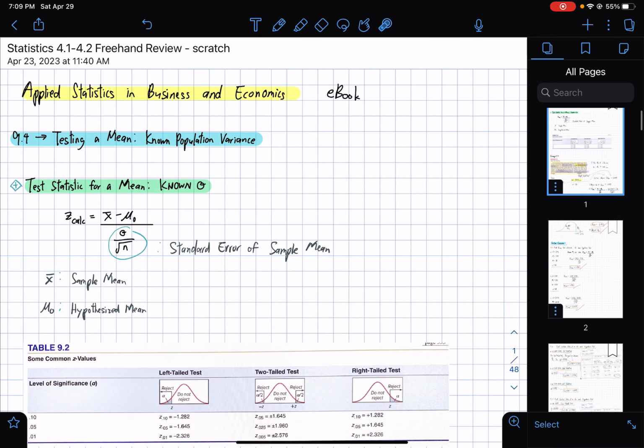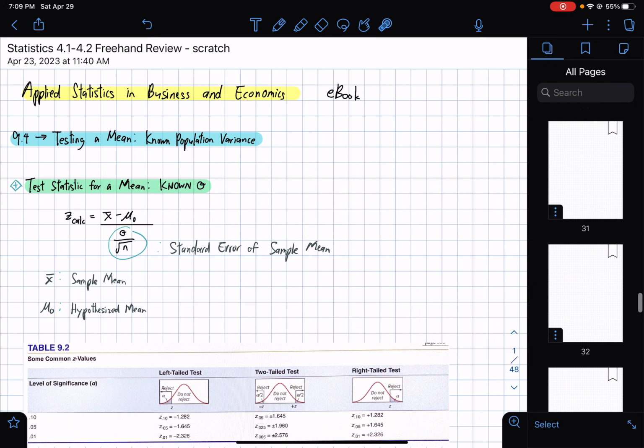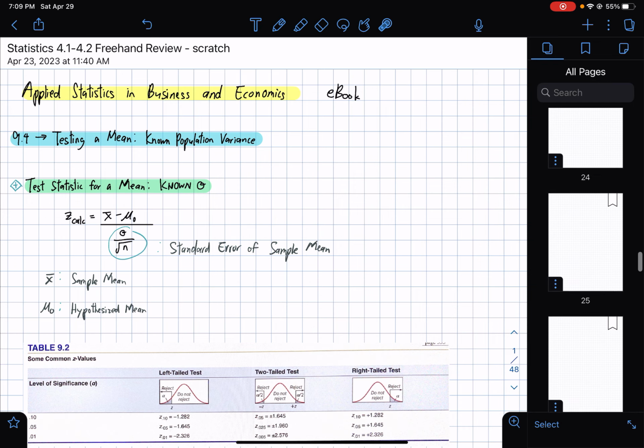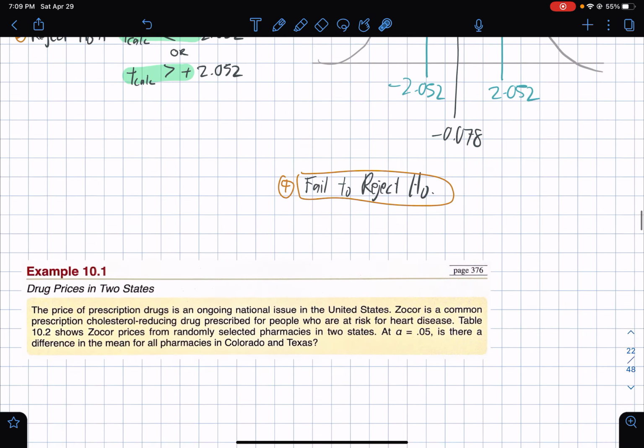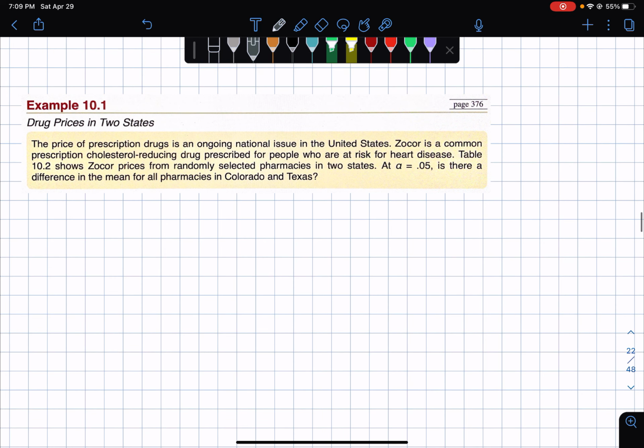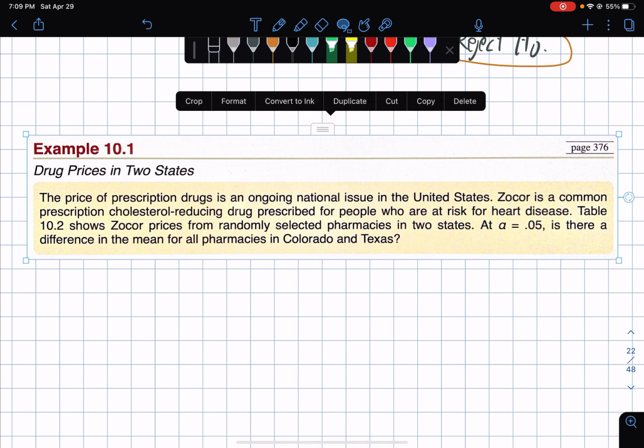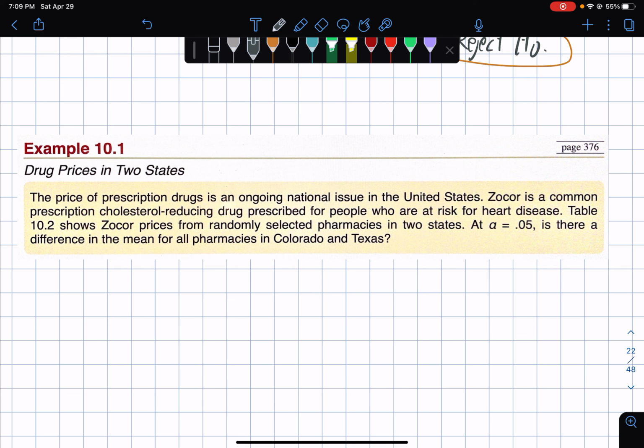In our school, we're privileged to use the book for our review, and I'm glad to have it. So let's start with 10.1 again. Drug prices in two states.